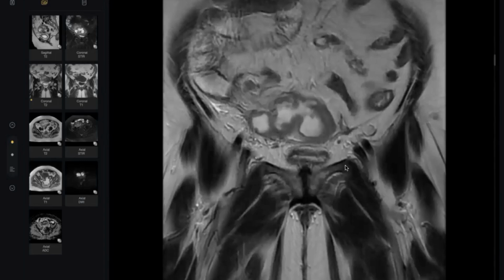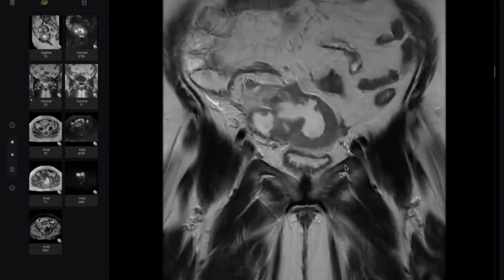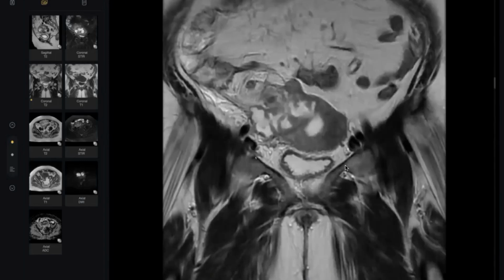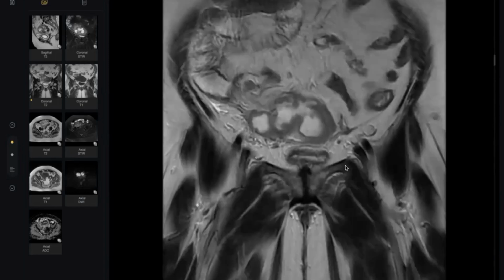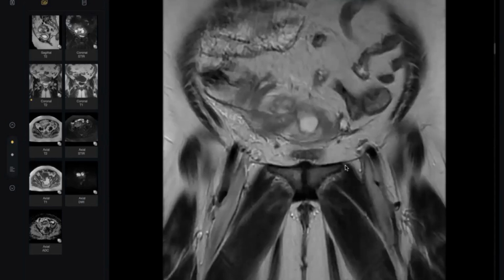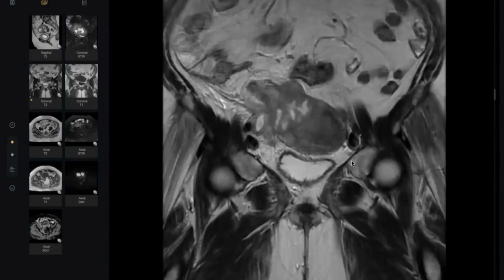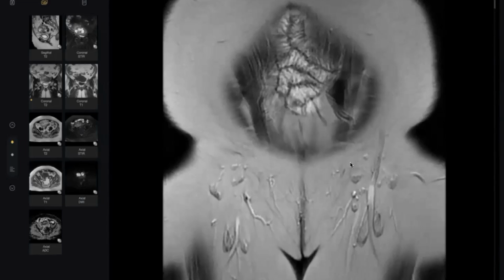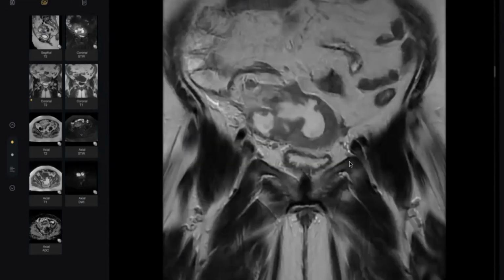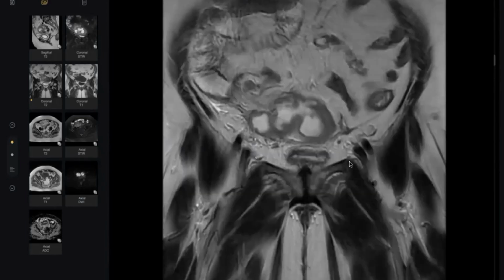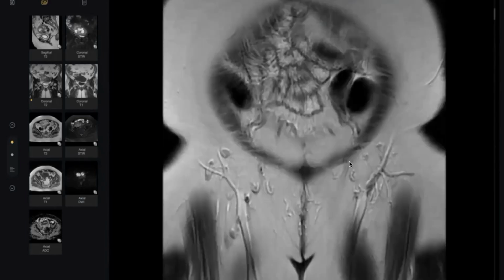Heterogeneous echogenicity, peripherally hypointense and centrally hyperintense collection or mass-like thickening seen in the mid-abdomen, which is adjacent to the bowel loops.